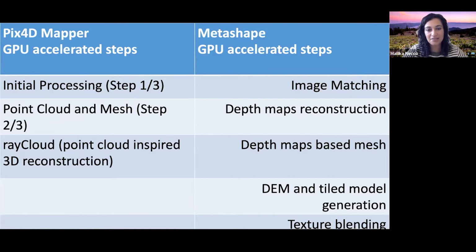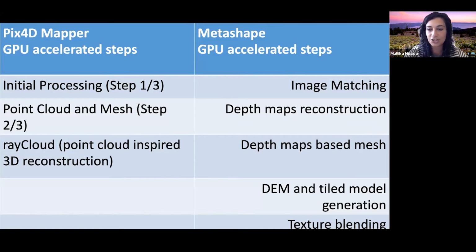I think that to do this type of processing, if you're going to be doing a lot of it, it pays to invest in a GPU, because all of these programs, at least both Pix4D and Metashape, have certain steps in their workflow that are accelerated if you use a GPU. And we call these GPU accelerated steps.